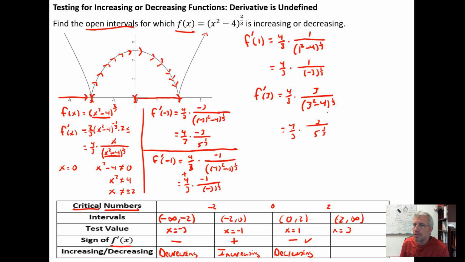So I have a positive times a positive divided by a positive is a positive number. The derivative is positive, which tells me the function f of x is increasing over the open interval from 2 to infinity. And when I look at the graphical evidence, I can see that once I get past the 2, moving towards infinity on the x-axis, the function is indeed increasing.